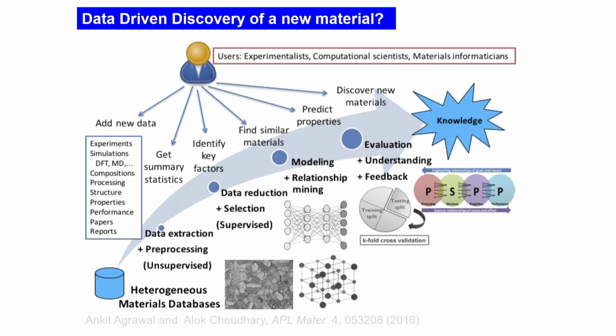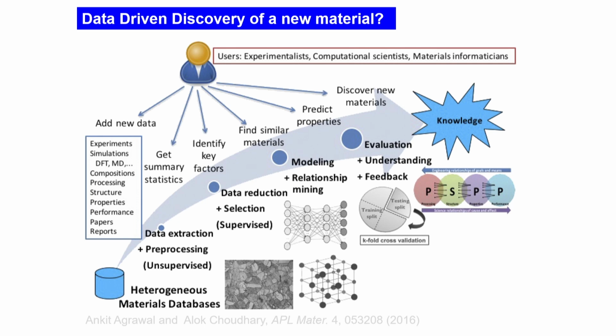So, this is what it is, correct? You can have data from experiments, simulations, all kinds of data: composition data, processing data, structure data, properties data, papers, reports, whatever you want. Once you get a data summary, you can identify key factors, predict properties, discover new materials.